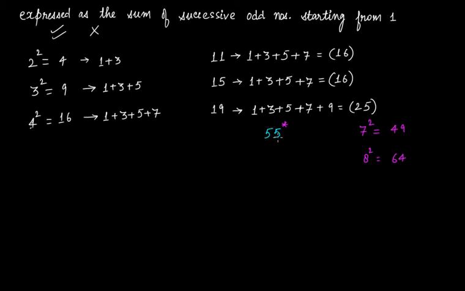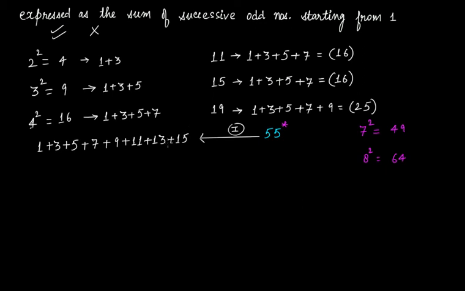Yes, that's why I said this is one of the ways. Now, if you have to prove it using this property, you can use two different ways for the same property. One is this addition one. So start from 1. 1 plus 3 is 4, plus 5 is 9, plus 7 is 16, plus 9 is 25, plus 11 is 36, plus 13 is 49, and plus 15 is 64.